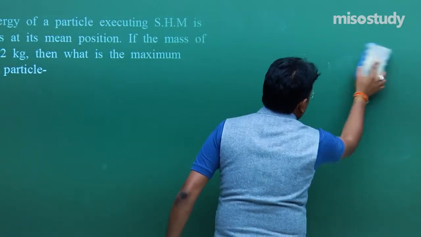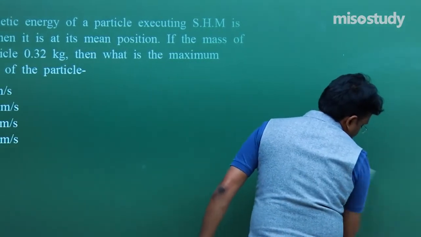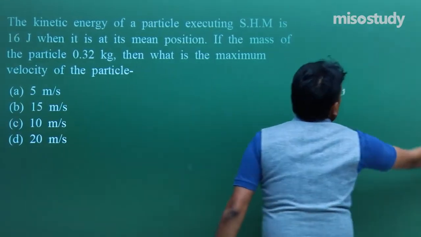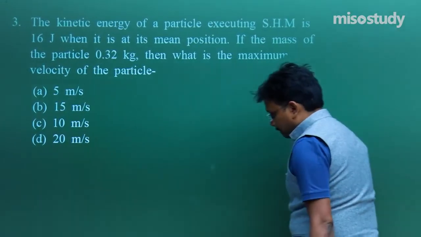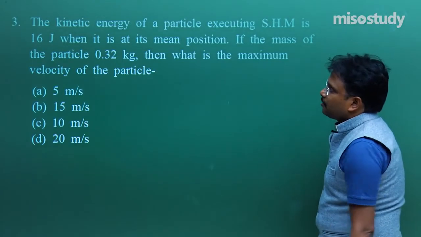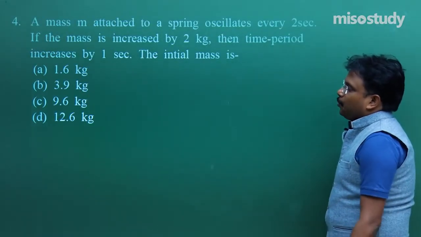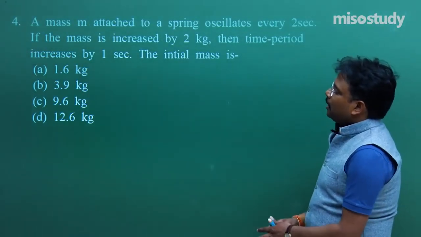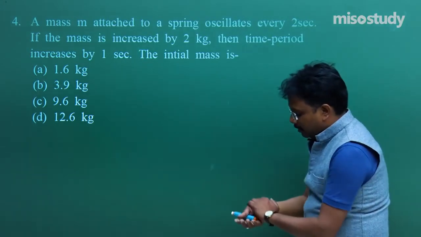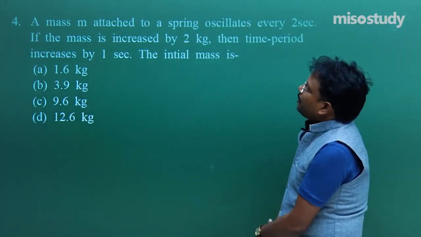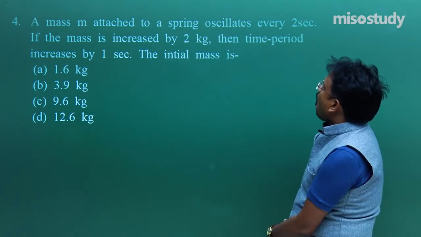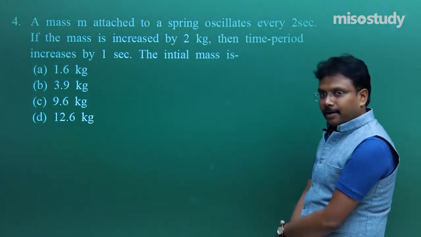So now it's time to move for the next problem, and the next problem is this one. Please try to understand the problem first. A mass m attached to a spring oscillates every 2 seconds.